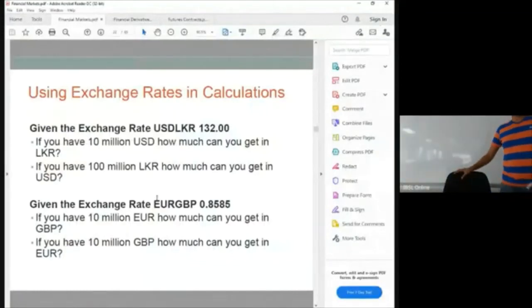Given the dollar rupee rate of 132, if you have $10 million, how much can you get in rupees? And if you have 100 million rupees, how much can you get in dollars?